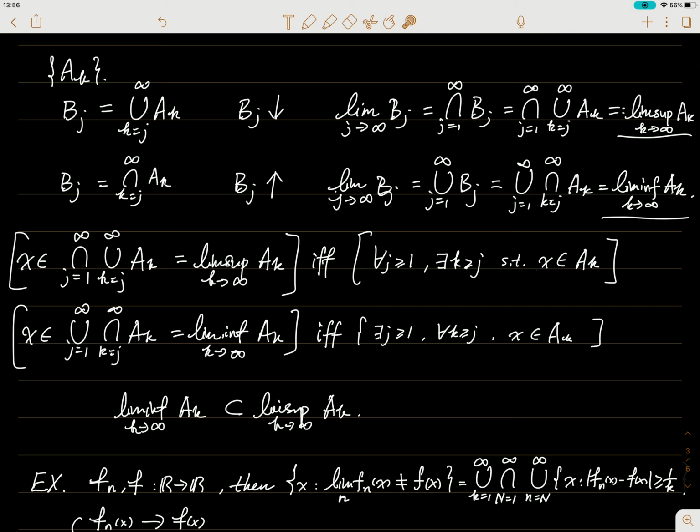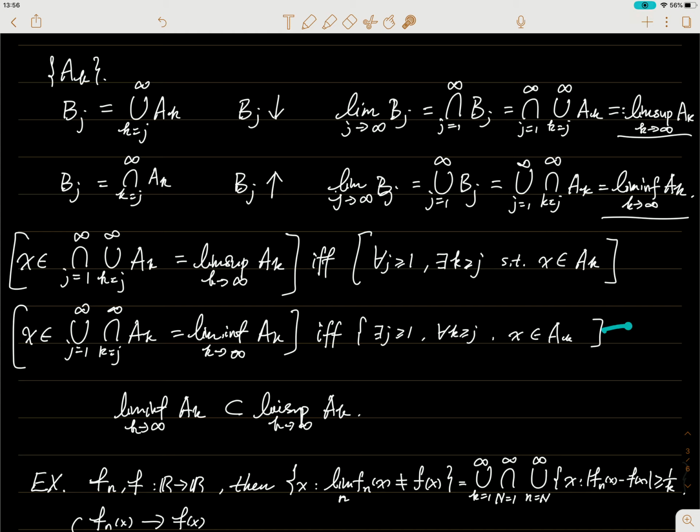Okay, so you have a1, a2, a3, a4, a5, a6, and so on, but this x will be inside infinitely many of them. It doesn't matter how far or what is the gap between the two. Maybe x belongs to a2, then a5, and then a10. It doesn't matter how much gap they have in between, as long as your x is in infinitely many of them, or in other words, x is in a subsequence of those ak's. So this is the definition for upper limit. So x belongs to the upper limit if x belongs to infinitely many of those ak's.